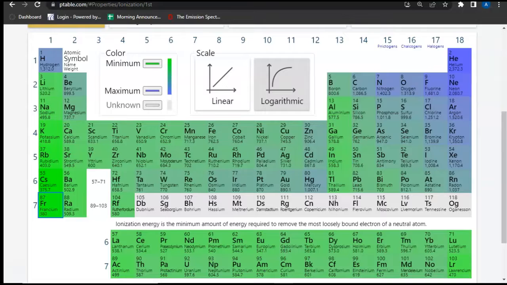If you're up here in the top row and you only have to worry, for instance, say hydrogen's got one dog to watch, and then there's the town's got a dog snatcher going around. Going to be kind of hard to take that one dog from you, right? But francium down here, francium's watching 87 dogs. How easy do you think that dog snatcher would have to take a dog from francium versus take a dog from hydrogen? He's watching one versus watching 87. Who's going to have the harder time holding on to all their dogs? Probably francium, right? So I know electrons and dogs, two different things, but that's just how my brain works.